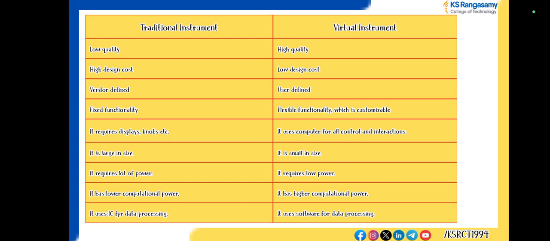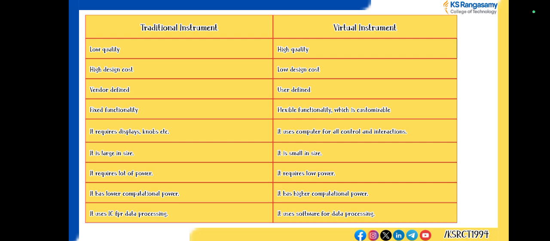But virtual instruments have high computation because processors and technology keep on increasing, so we can put everything together within a software. The software has a large number of mathematical and engineering related functions, so we can easily perform the computation of whatever data we need.